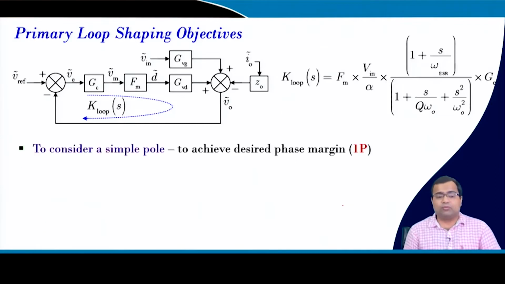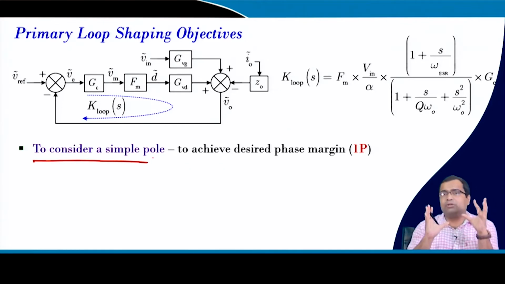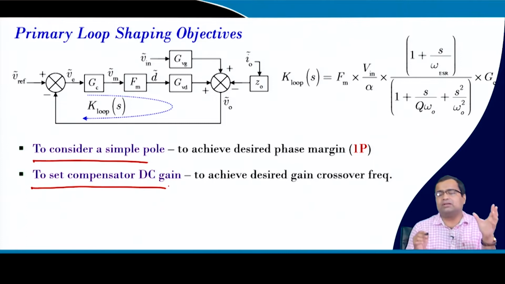We also need to consider another simple pole, because in the previous lecture we saw another extra pole will give another degree of freedom, which was not available in the PID controller. So, we could not shape the transient response under wide operating range, and now we have it because in type 3 compensator, one more pole, and then we need to set the gain of the controller to achieve desired gain crossover frequency.